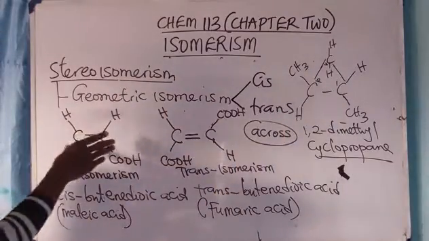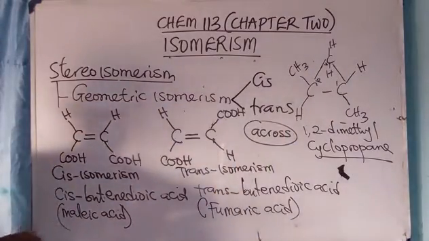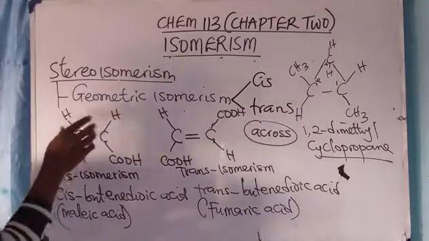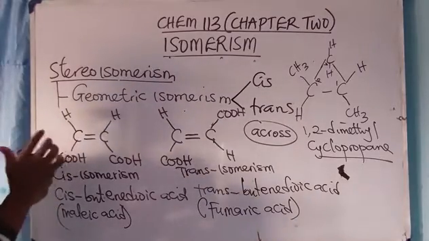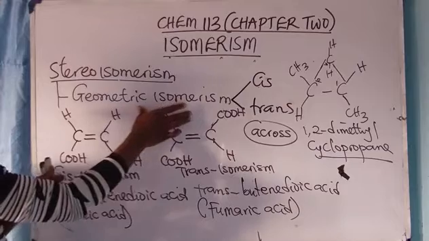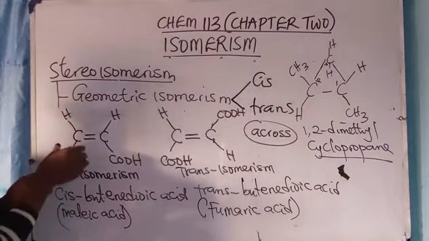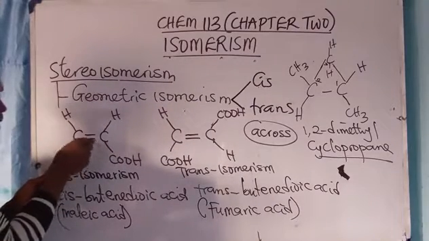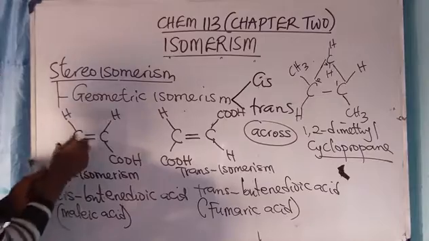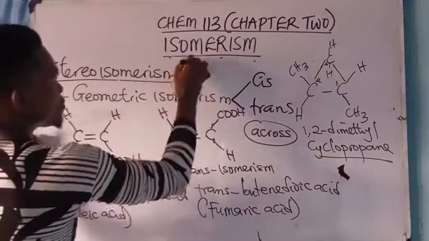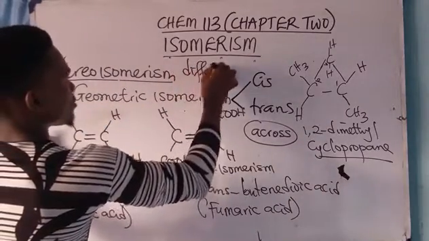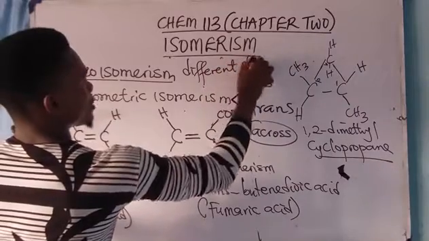Now, this one I've given you. Now, please take note of this. That is, compounds that undergo geometric isomerism have the same chemical properties but different physical properties. Take note of that.